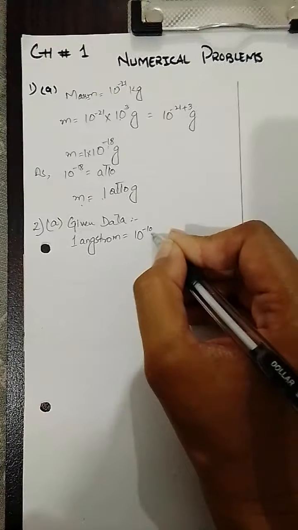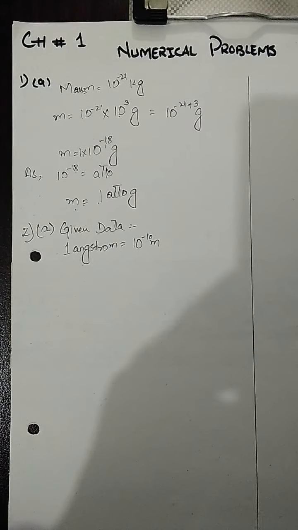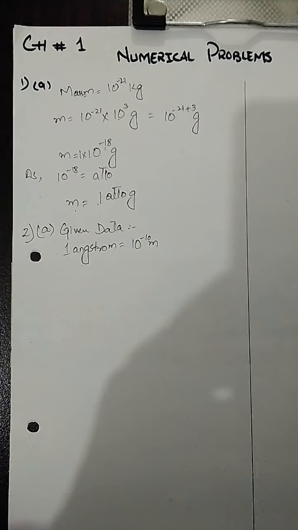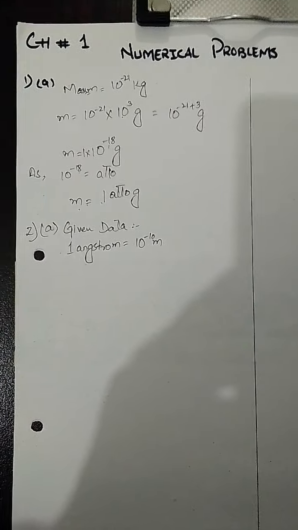The question says that an angstrom, symbol A naught, is a unit of length. An angstrom is a unit of length commonly used in atomic physics, defined as 10 raised to the power minus 10 meters, which is of the order of a diameter of an atom. So we basically use this kind of unit whenever we discuss atomic physics.